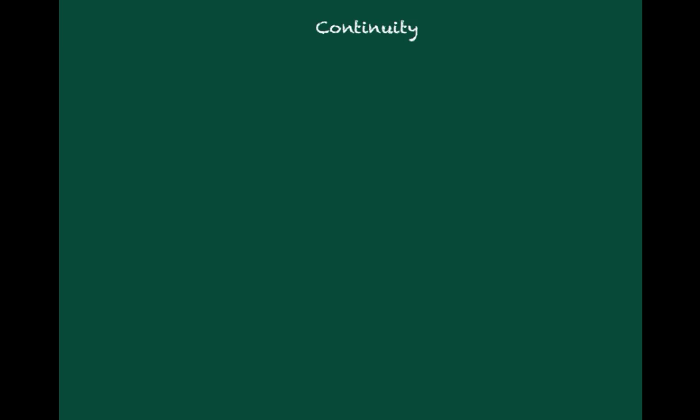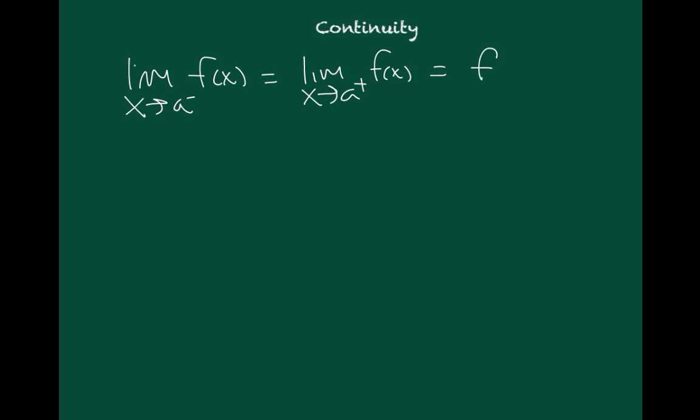And it's this: continuity is when the limit as x approaches some value a of a function from the negative side equals the limit as x approaches a from the positive side of the function equals the value at a. So now these two together, if they're equal, they mean that there is a limit at a. Sorry, that should just be an x.